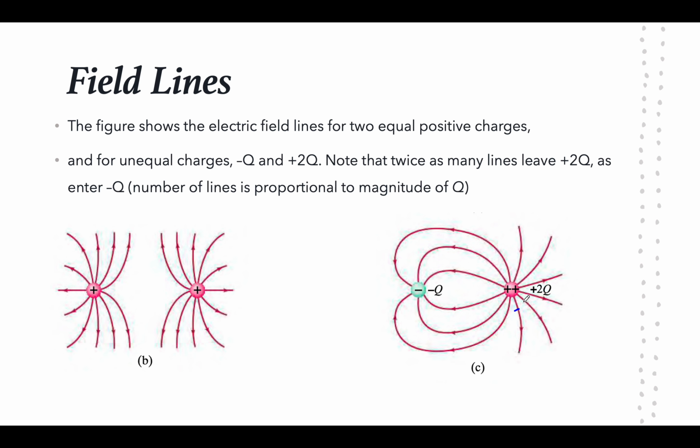It's 1, 2, 3, 4, 5, 6, 8, 9, 10, 11, 12 lines. And 1, 2, 3, 4, 5, 6. It makes sense. Twice the charge, twice the force, twice the field. And so let's take a look at that.